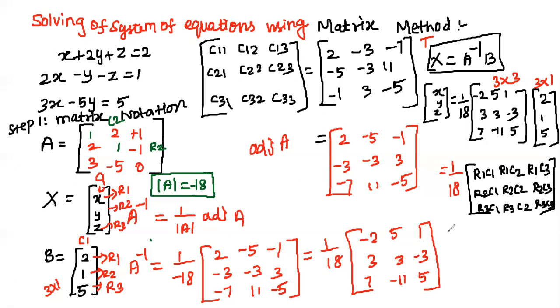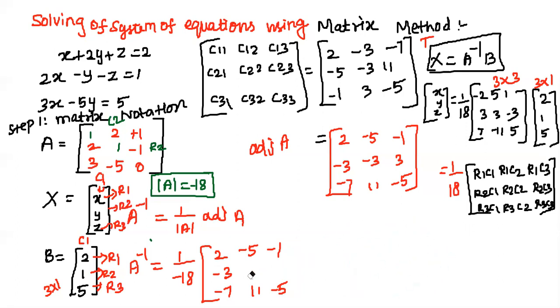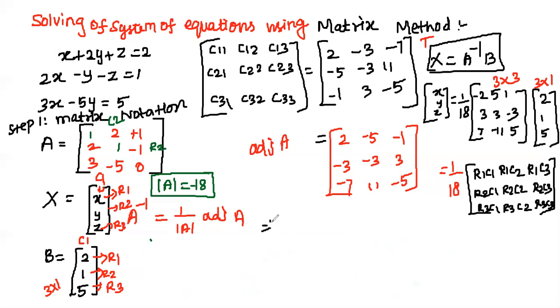So this is how we'll perform the matrix multiplication, right? So row 1 into column 1. So this is row 1 of the first matrix and column 1 of the second matrix.